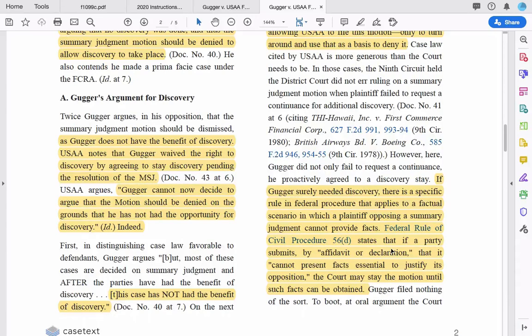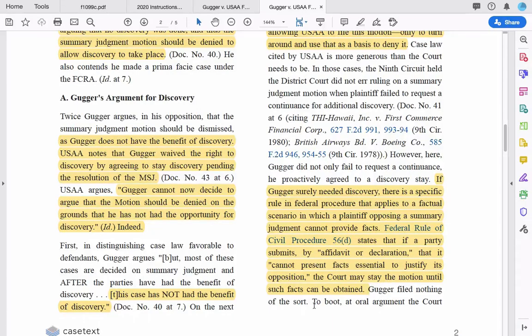So discovery, things like, hey, swap documents, let me send you interrogatories, kind of like being interrogated in writing, and depositions where you get to ask somebody questions under oath live. That could be in person or over the phone or by Zoom.